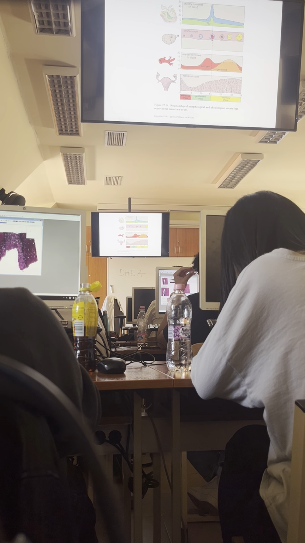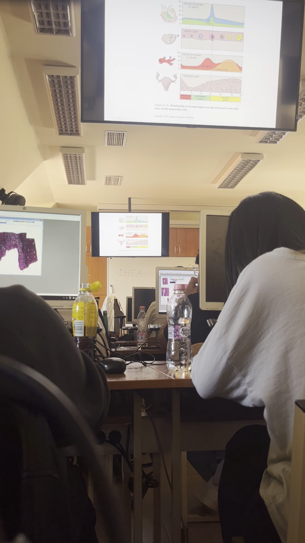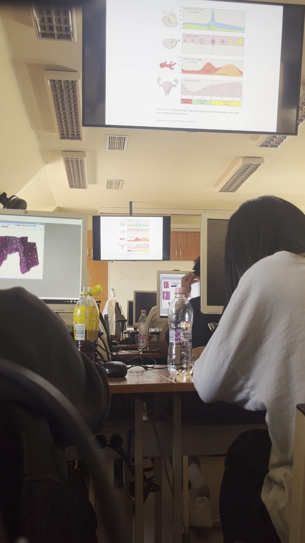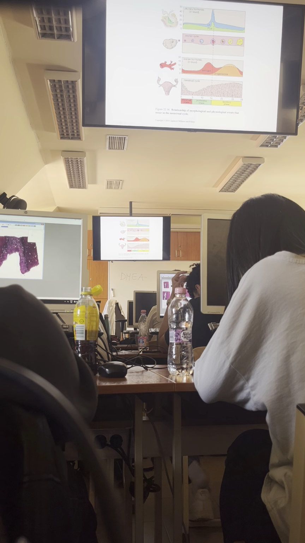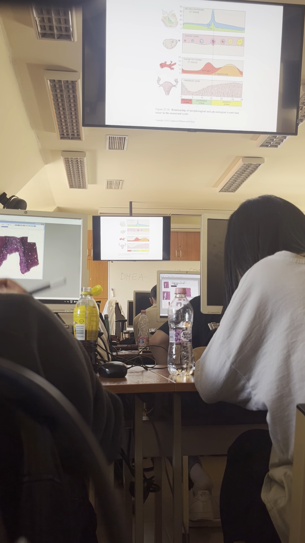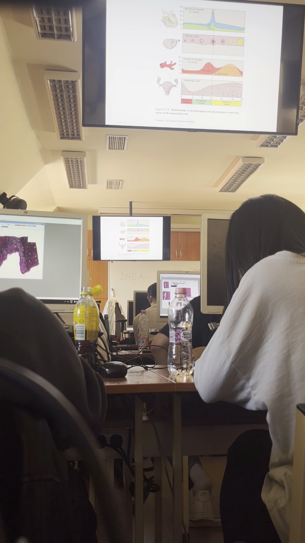So that's why the second half is called secretory phase, referring to the high amount of secretory product of these glands at this time. And all these things are of course interrelated, because estrogen and progesterone affect the cyclic changes in the endometrium.